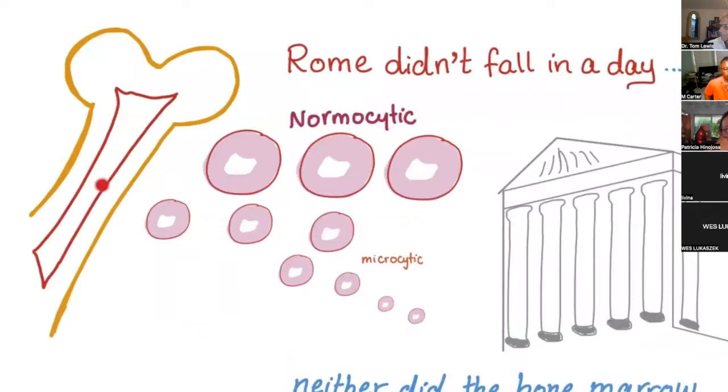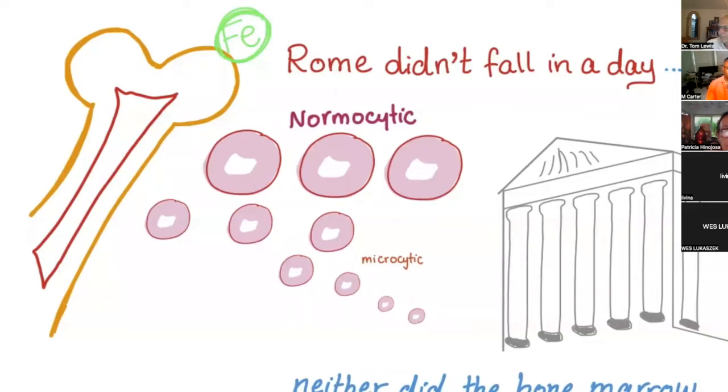Okay, so this is the bone marrow, and the bone marrow is producing cells of normal size or normal diameter, i.e. normocytic RBCs. That's fine. Let's say now that I am deficient in iron. I am not getting enough iron, and there is iron deficiency, which will cause iron deficiency anemia, but it will happen gradually. First, the bone marrow still has enough iron, so it will produce normal cells.